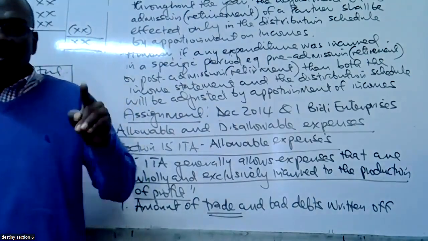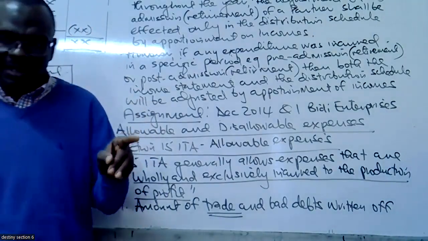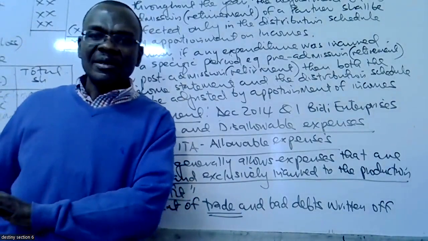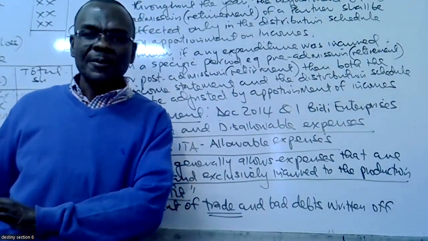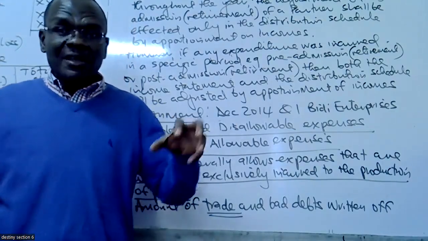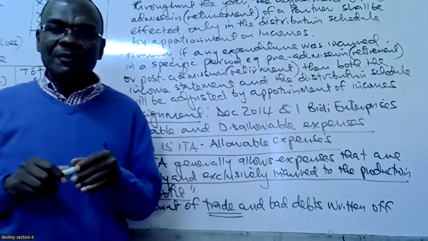So it means 300,000 must be written off because it will not be recovered, because the debtor has been put under receivership. That's a specific provision for bad debts.